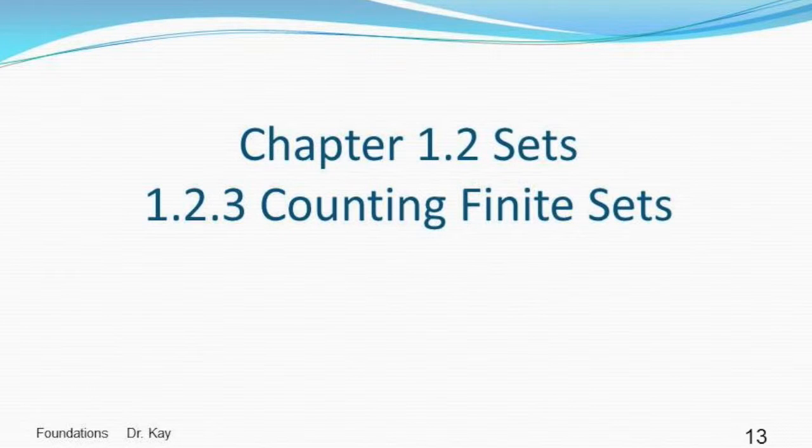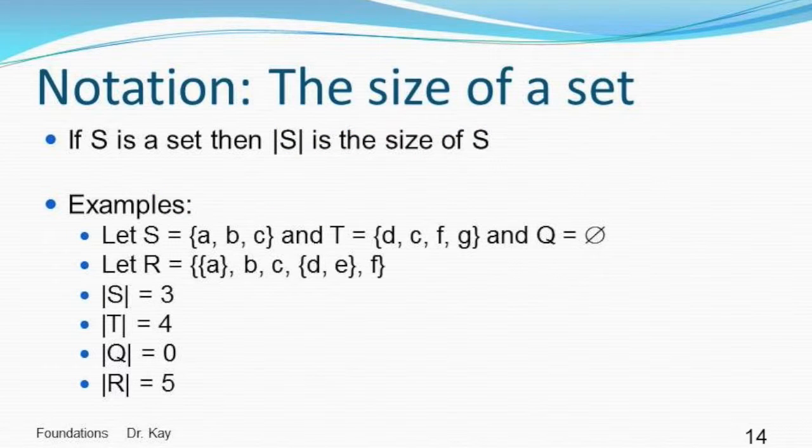Let's go on to 1.2.3, just talk about counting briefly. So if S is a set, then we're going to use this notation to represent the size of S, these kind of bars around the S. So for example, if S is the set containing A, B, C, T is the set containing D, C, F, G, Q is the empty set, and R is this weird set.